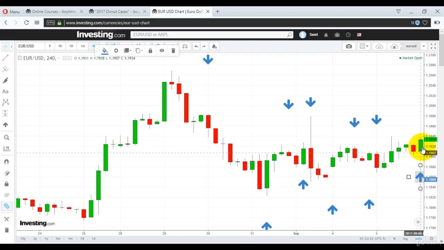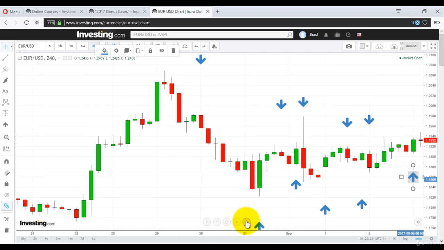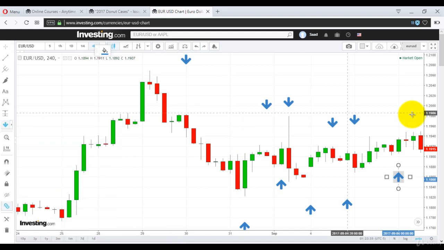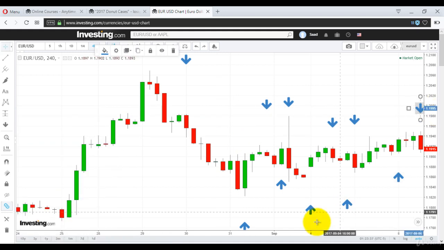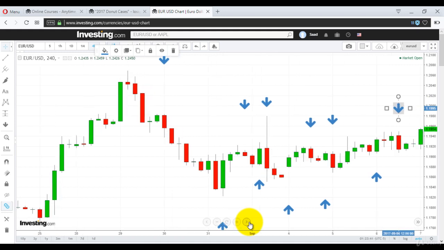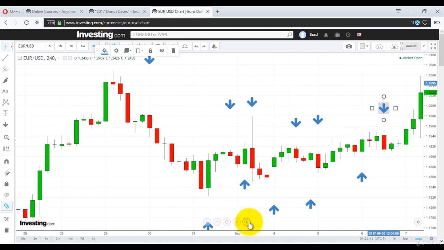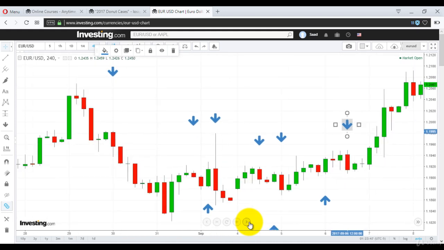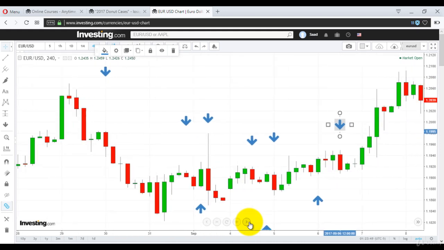Now right here it's an engulfing bull, so you bought it. Wait. It goes down. Now that's not a good thing. That's the reason I always tell my students not to jump into the intraday level, because the intraday level always does this. See, now it goes up, down.